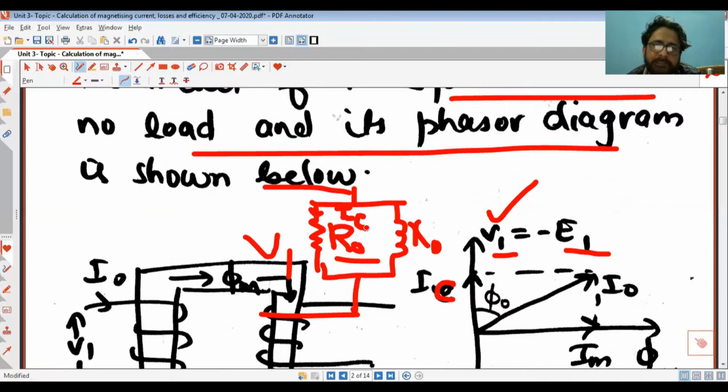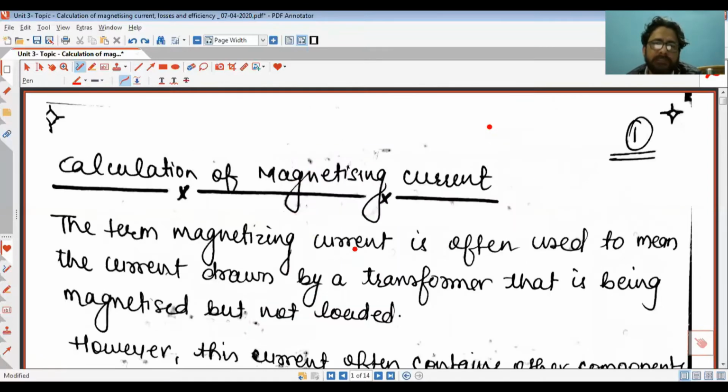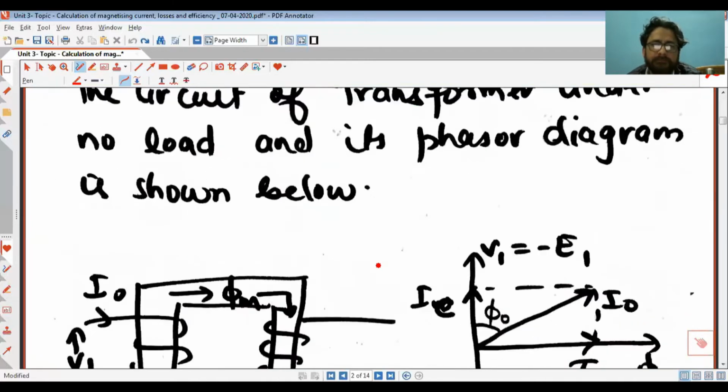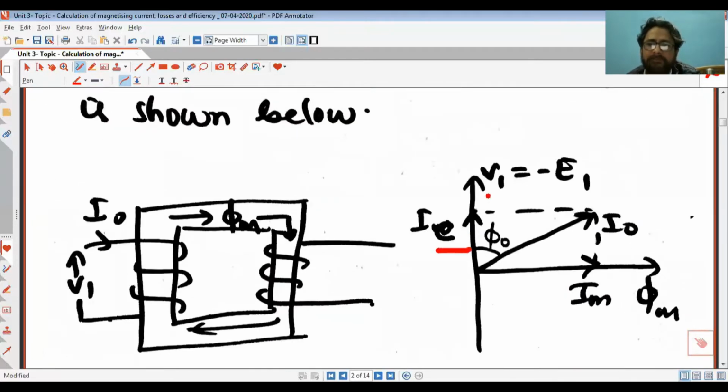The phase difference between IC, flowing through R naught, and the voltage appearing across R naught is 0. In case of resistance, the phase angle between current and voltage is 0. So that is why IC and V1 are taken in the same phase, right?